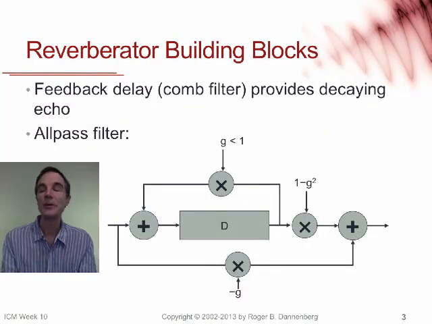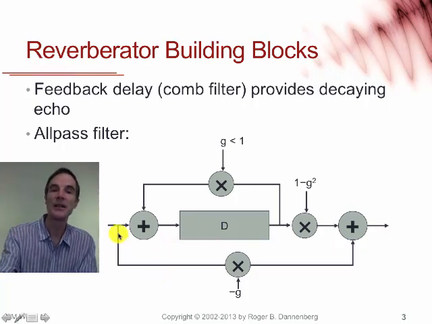If we want to build an artificial reverberator, we use some building blocks to do that. And one of these is feedback delay or comb filter, which we saw before. The other building block is an all-pass filter that looks like this. Samples are coming in.